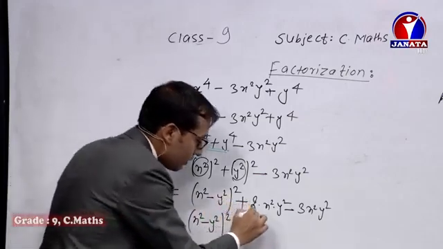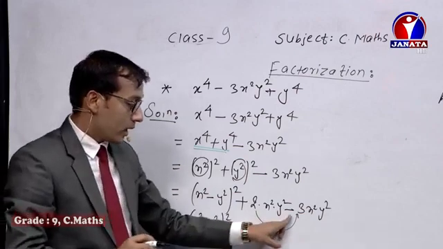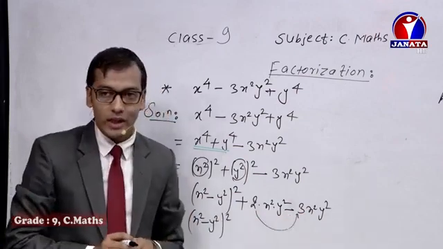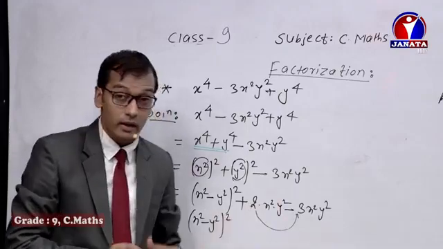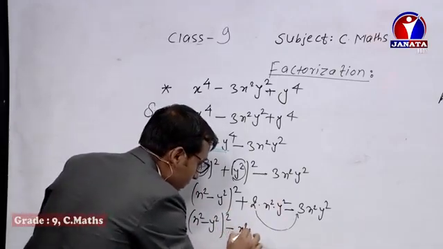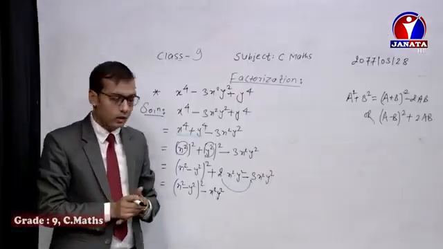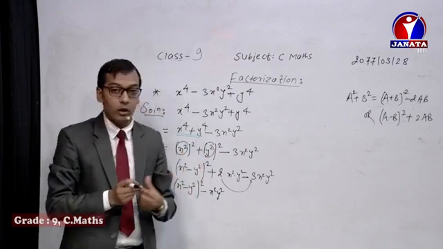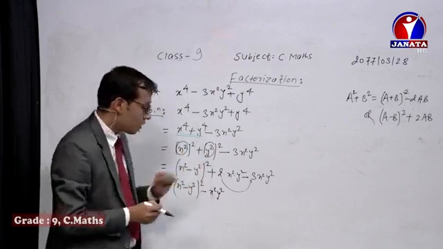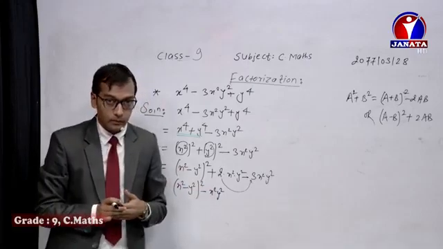Now if we subtract 2x square y square from negative 3x square y square, what is 2 minus 3? It's minus 1. So minus x square y square. Now we are able to convert this into again a square minus b square form.